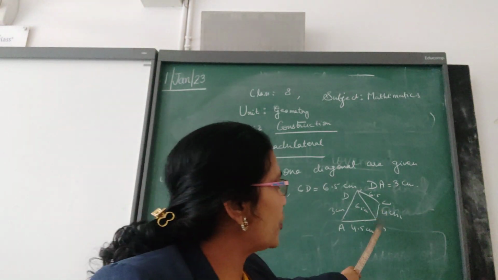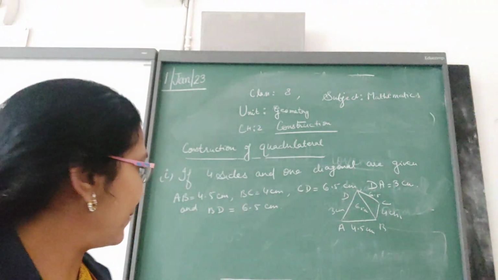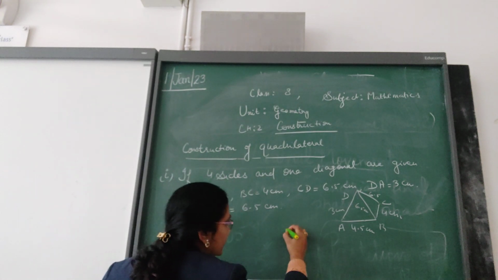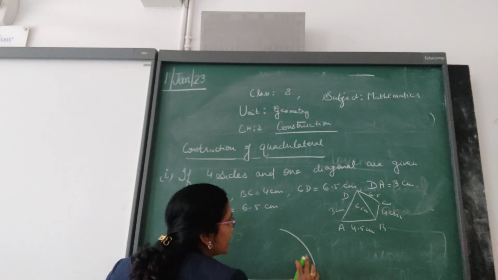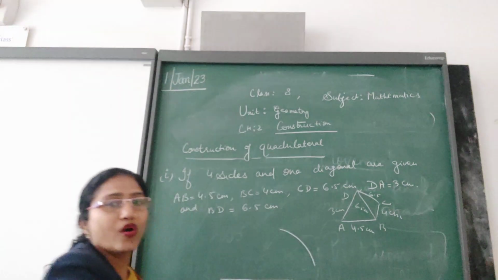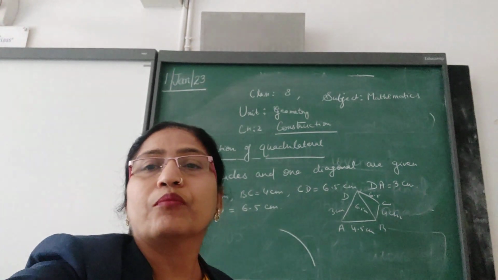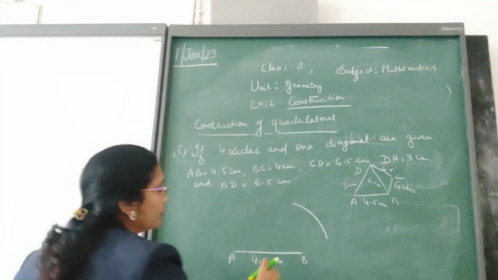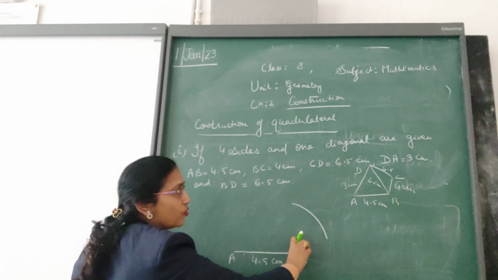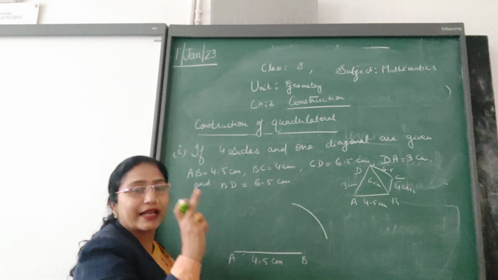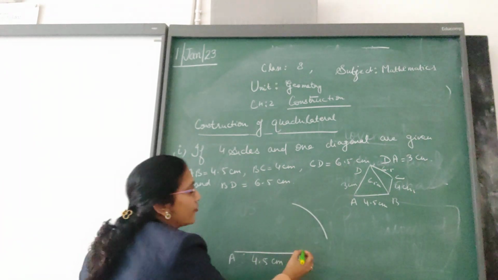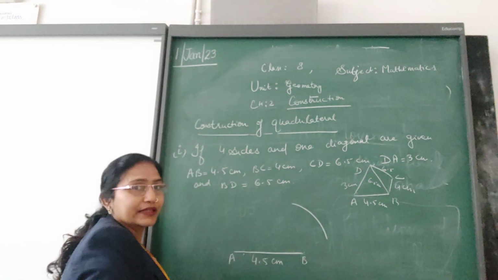This you have to take in your compass and with B as a center, draw the arc. This is the 4 centimeter. BC is the 4 centimeter. So with the help of the compass, you have to take the 4 centimeter radius in your compass and draw this arc after taking B as a center.